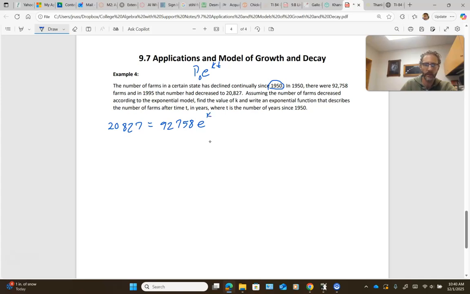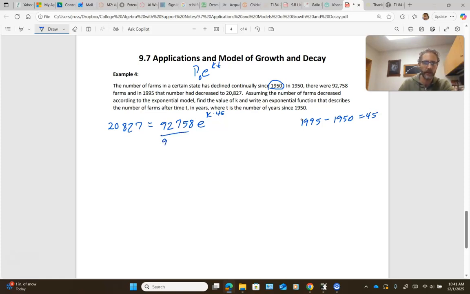Well, we don't know what k is. We do know what t is. From 1950 to 1995, that's an interval of 45 years. Okay, 1995 minus 1950, that's a period of 45 years. So we know the value of t. Okay. So we're going to solve this the same way.